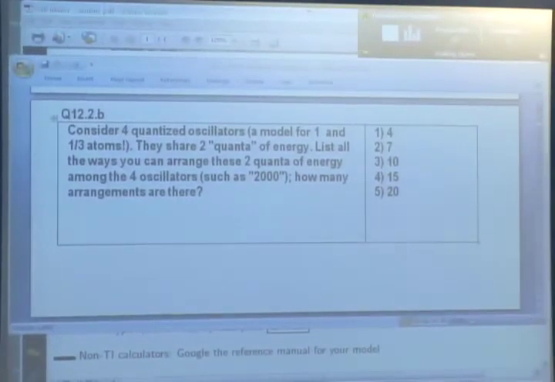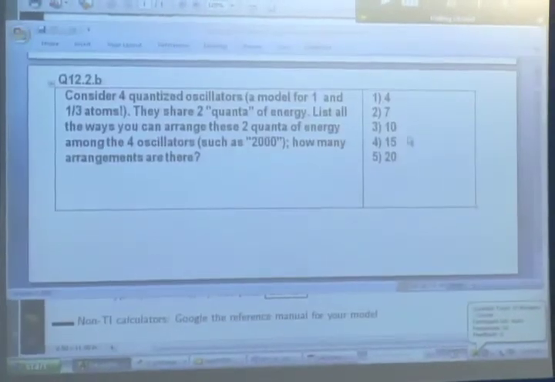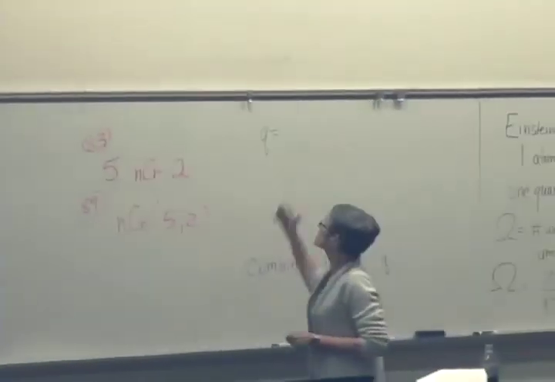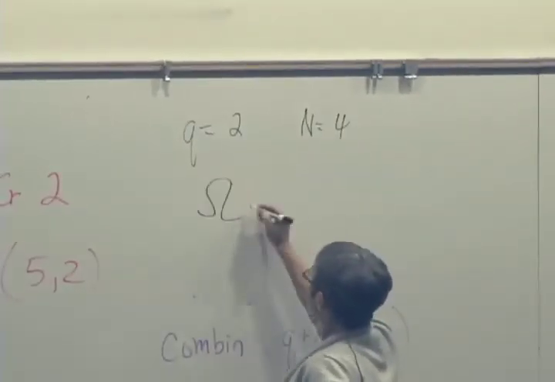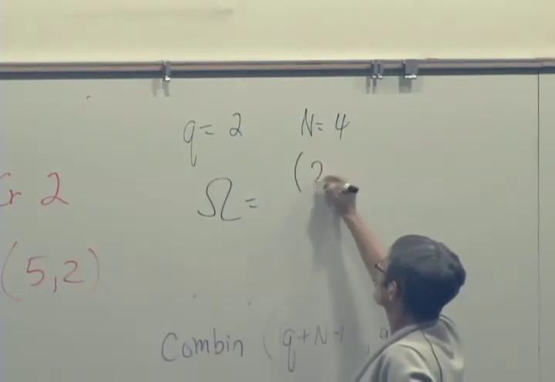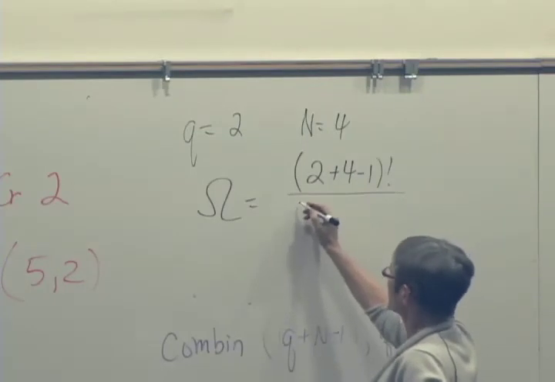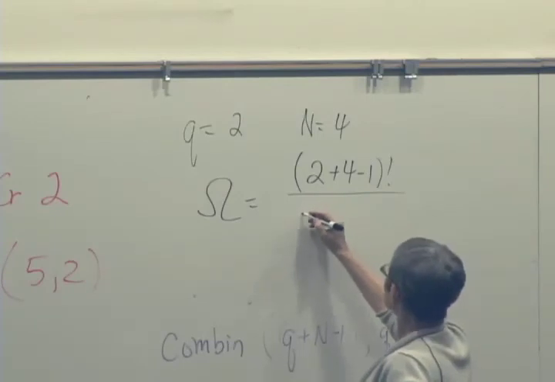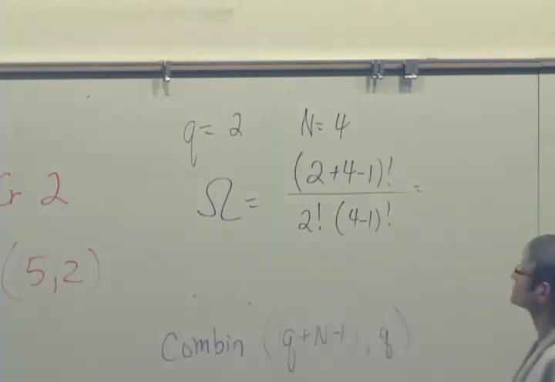Okay, you got answer 3, which is 10. So what we calculated was Q was 2, N was 4, so the number of ways would be 2 plus 4 minus 1 factorial over 2 factorial times 4 minus 1 factorial.